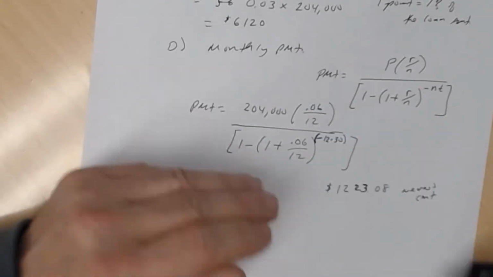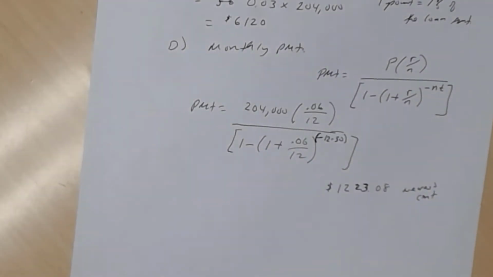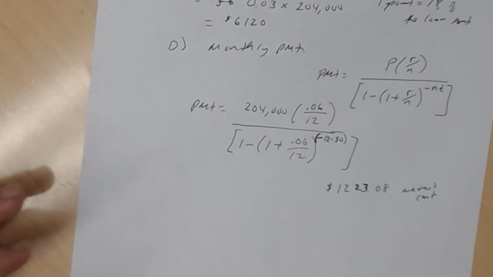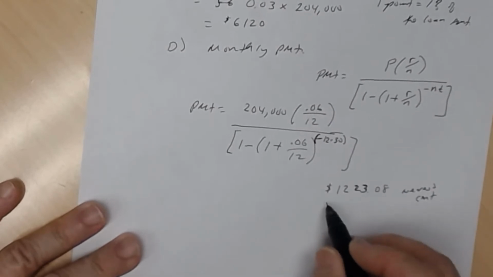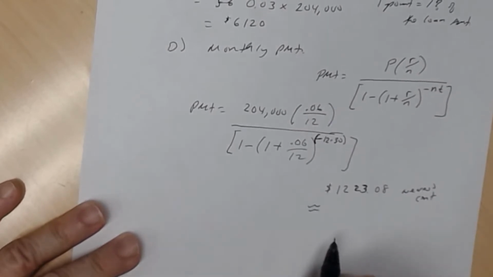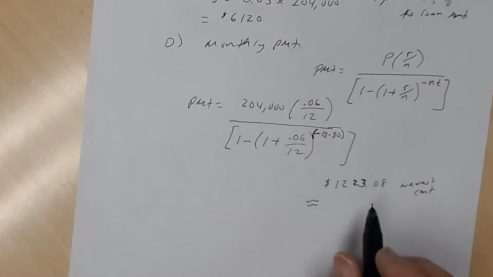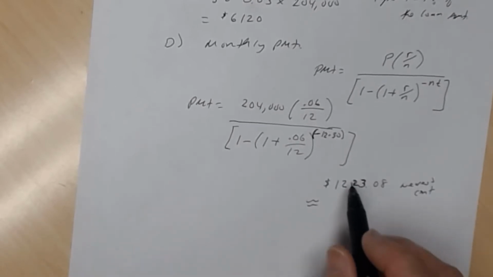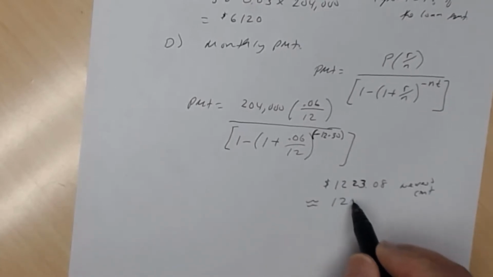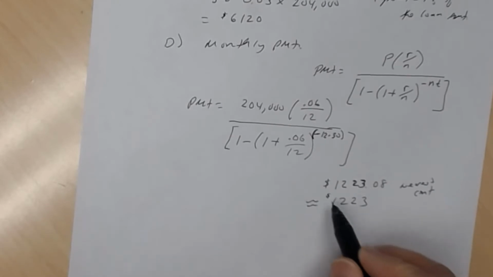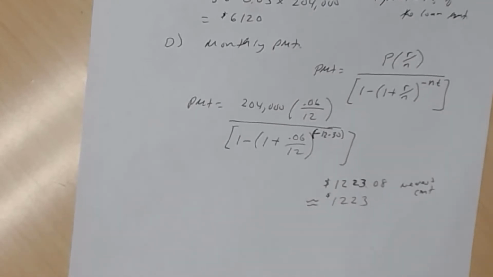So that's your monthly payment. One other thing before I go on: if you want to approximate this, you can say it's approximately equal to $1,223, the nearest dollar, because 8 cents is not going to matter right now.